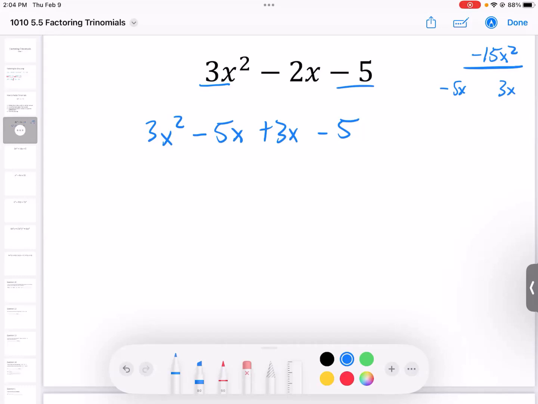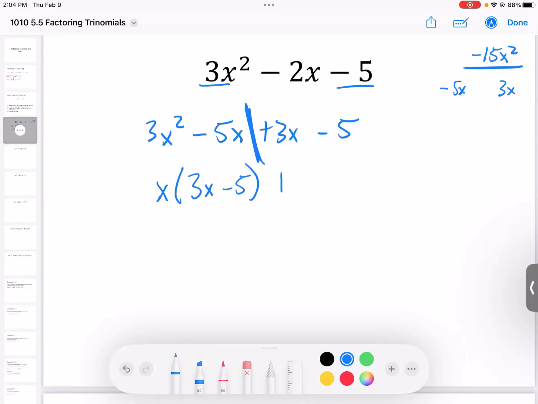So to finish this out, we'd split this up into 2 groups. And what does the first group have in common? Yep, has an x in common. And when I divide out an x from the first term, I end up with 3x. With the second term, I get a -5. Then in the second group, what do those 2 terms have in common? Yeah, they don't really have anything bigger than 1 in common.